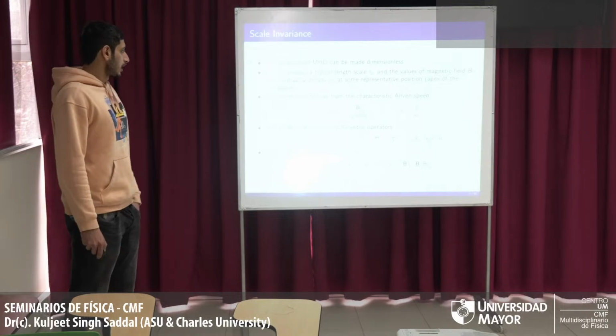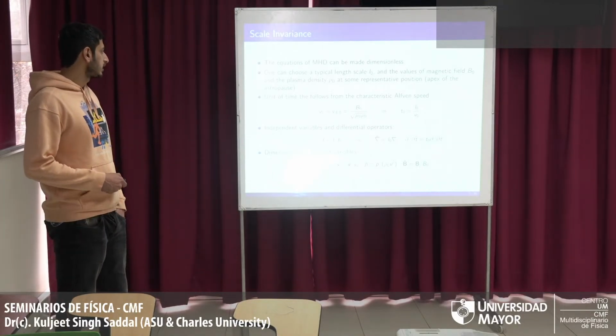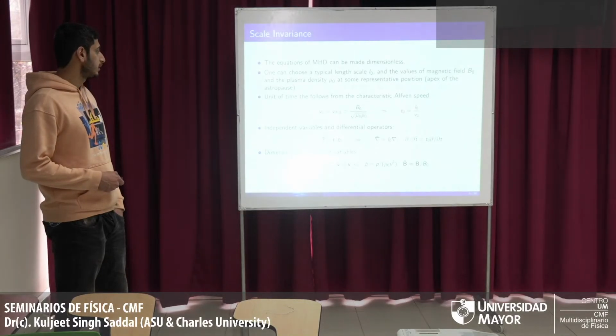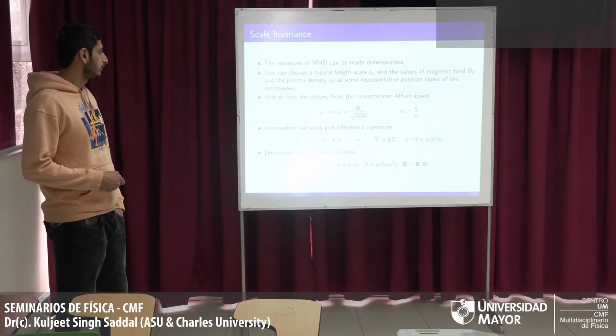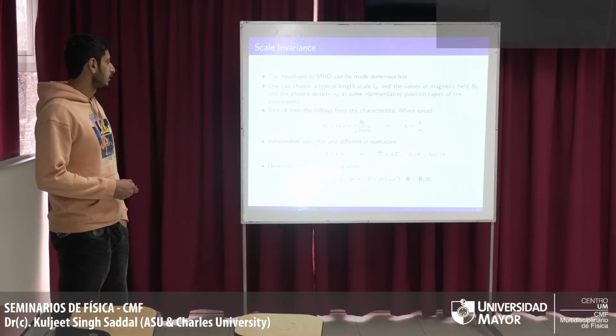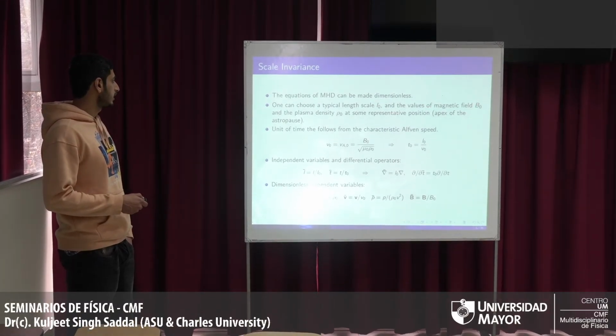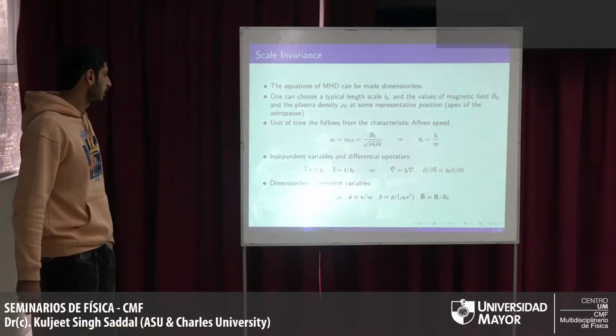Then to have the characteristic time scales, we first need to find the characteristic velocity scales, which in magnetohydrodynamics is chosen to be the Alfvén speed. The Alfvén speed can be determined using the characteristic magnetic field strength and the plasma density.